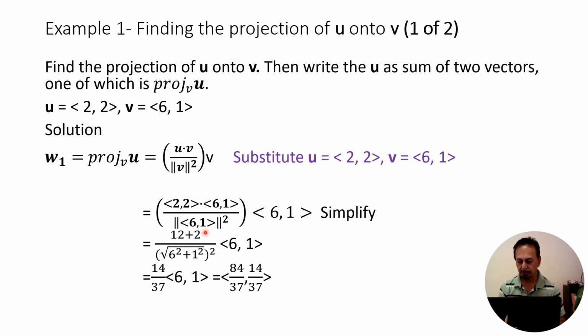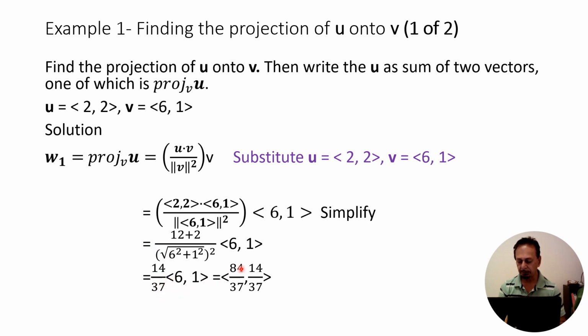Now 12 plus 2 becomes 14, and 6 squared is 36 plus 1 squared is 1, so 37. The square root of 37, squared, is 37. So times angle bracket 6 comma 1 angle bracket. Now we multiply, or distribute.